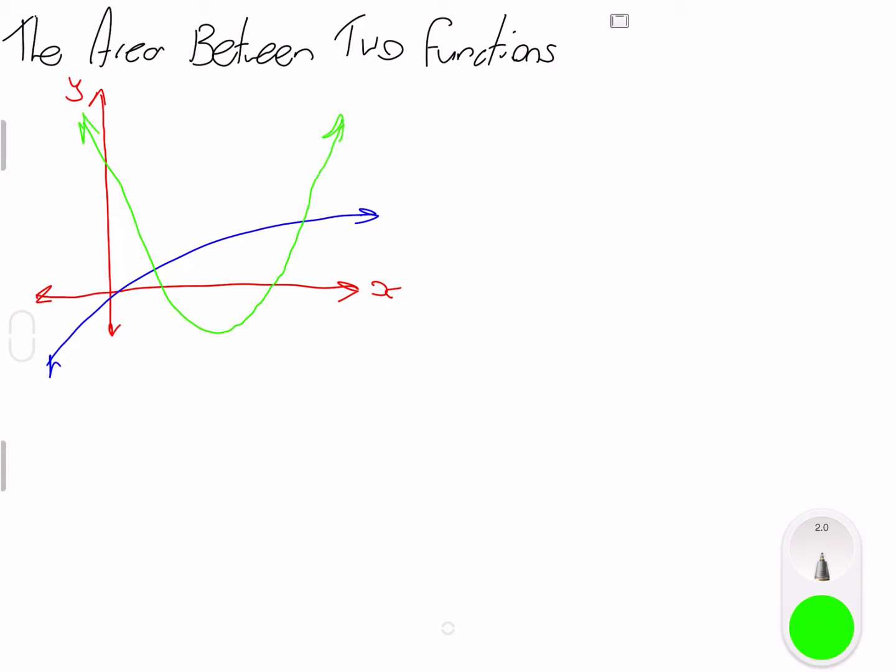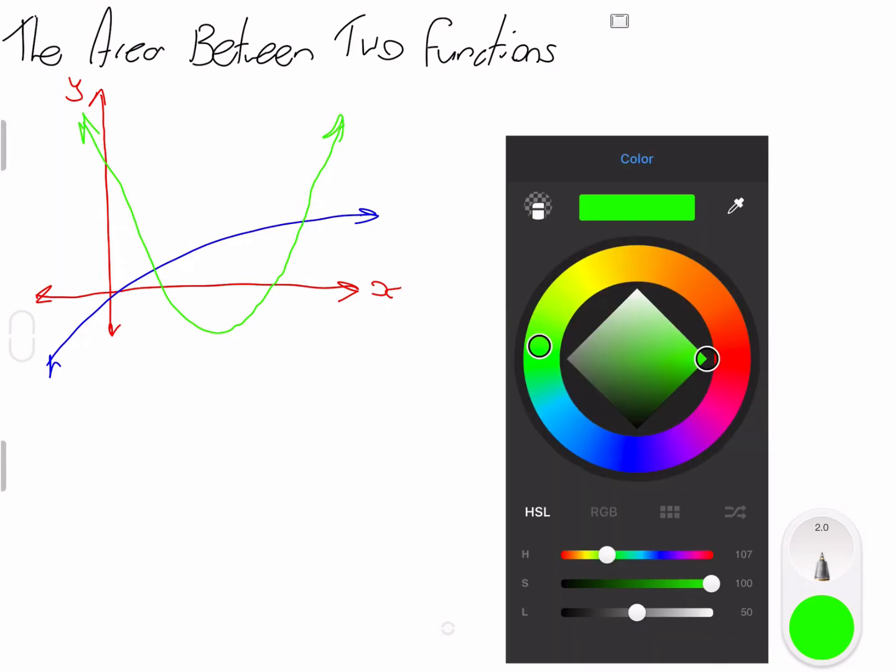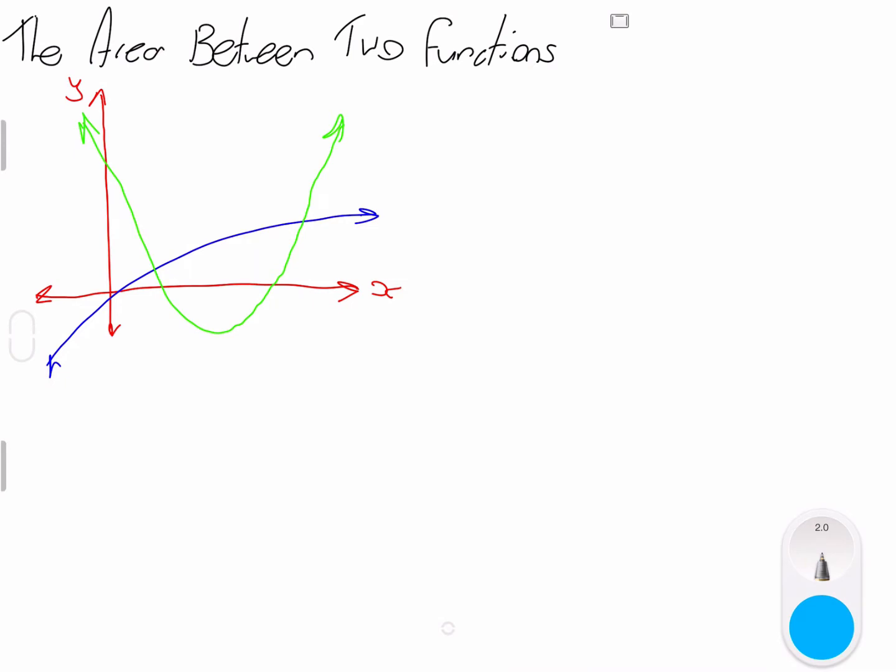Now, these two functions, they're not any particular function, they're just random things that I've drawn. And what we want to know is the area between these two functions, which is going to be in here.